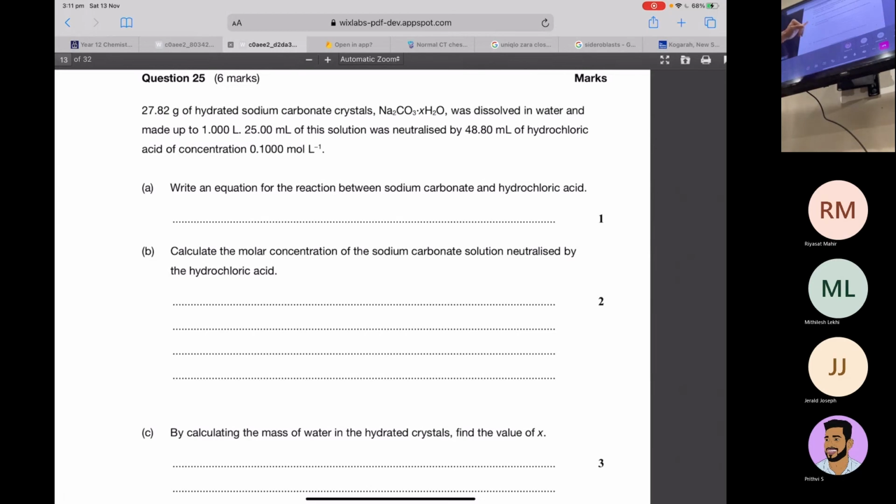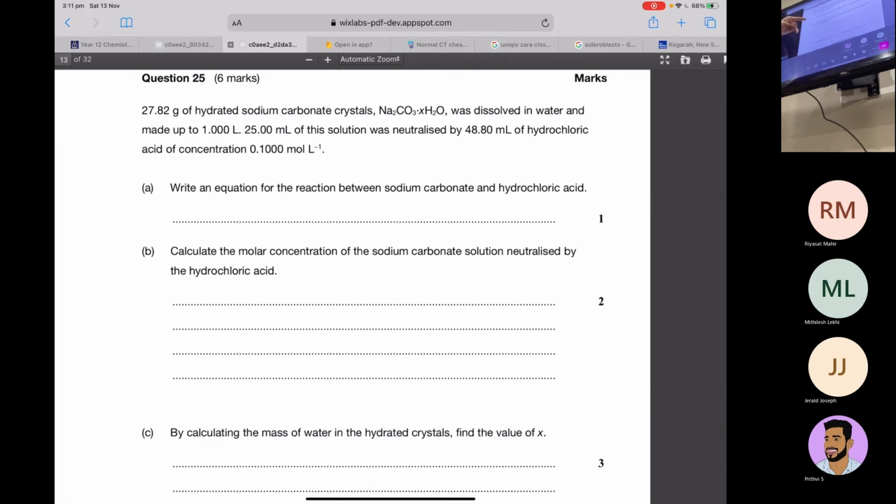If this hydrated solution dissolved, as you know, it's sodium carbonate. Is it a soluble salt or insoluble? Sodium is a group 1 metal. What was the number 1 rule? Soluble, right? So this is a soluble salt.